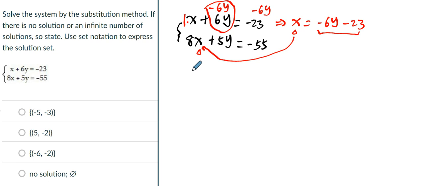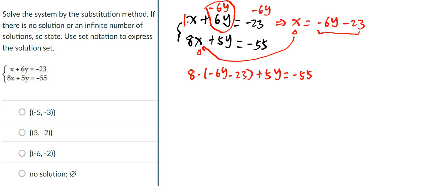So then what do we get? We then have 8 times this (-6y minus 23) plus 5y equals -55.